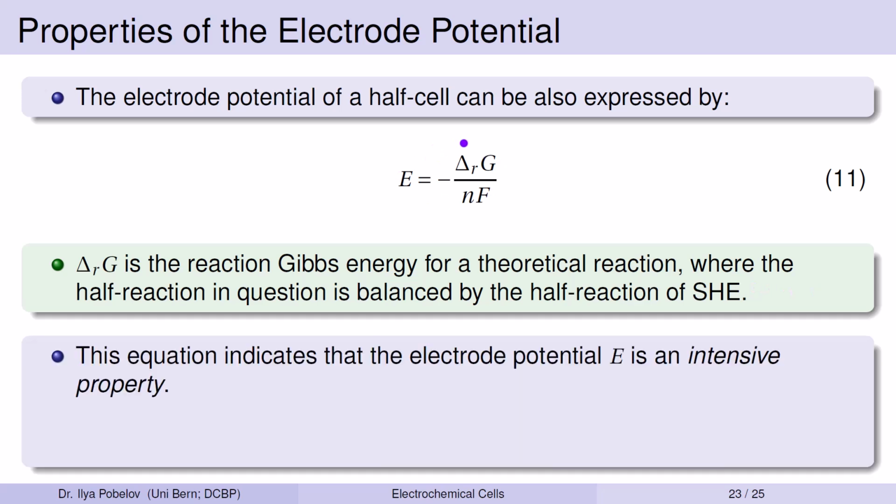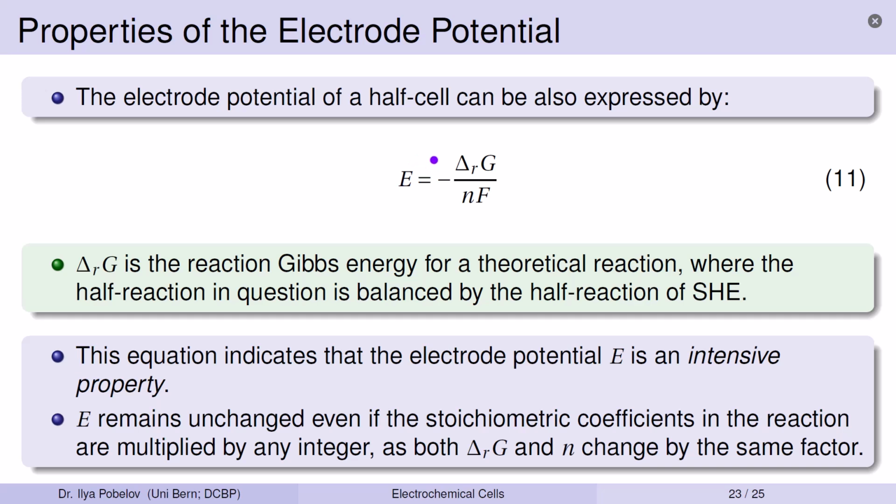This equation indicates that the electrode potential is an intensive property. It remains unchanged even if the stoichiometric coefficients in the reaction are multiplied by any integer, as both delta rG and n change by the same factor.